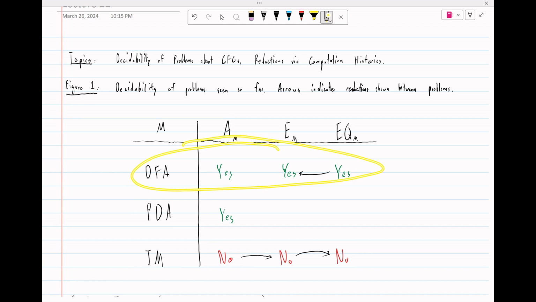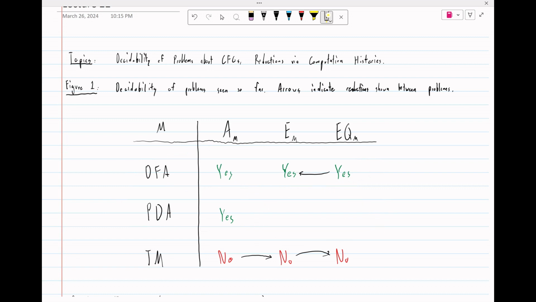PDAs are a very interesting playground because they straddle the complexity of DFAs and Turing machines. While we were able to show that the acceptance problem for PDAs is decidable, it's not clear if that trend will continue for the emptiness and equivalence problems the way it did for DFAs, or if maybe we'll find an undecidable problem somewhere around here.